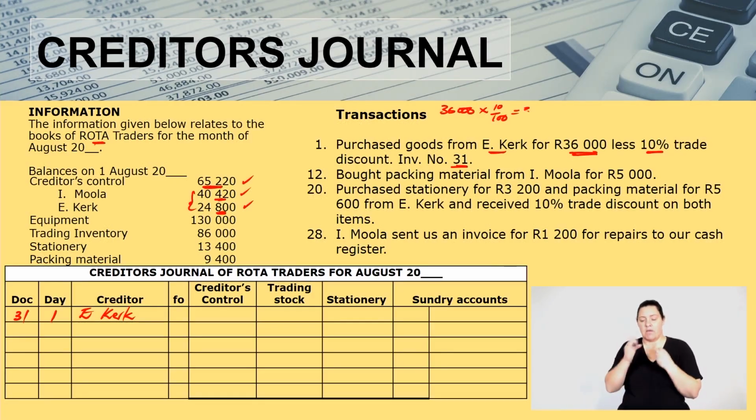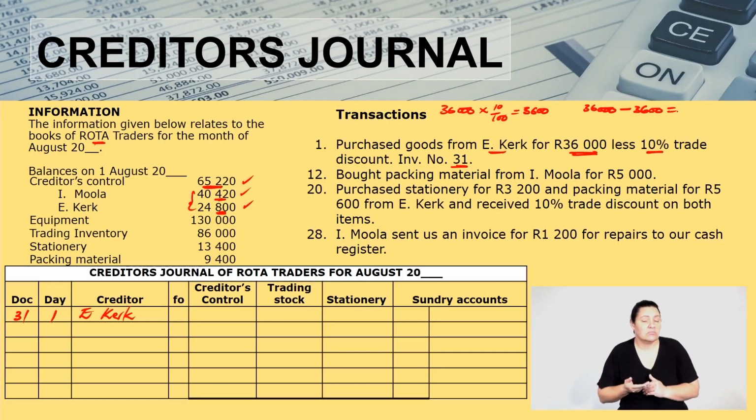It will give you 3,600. And then you now say, from the 36,000 that you had bought goods for, subtract now the 3,600. How much do you see on your calculator? 32,400. This would be approach number one.